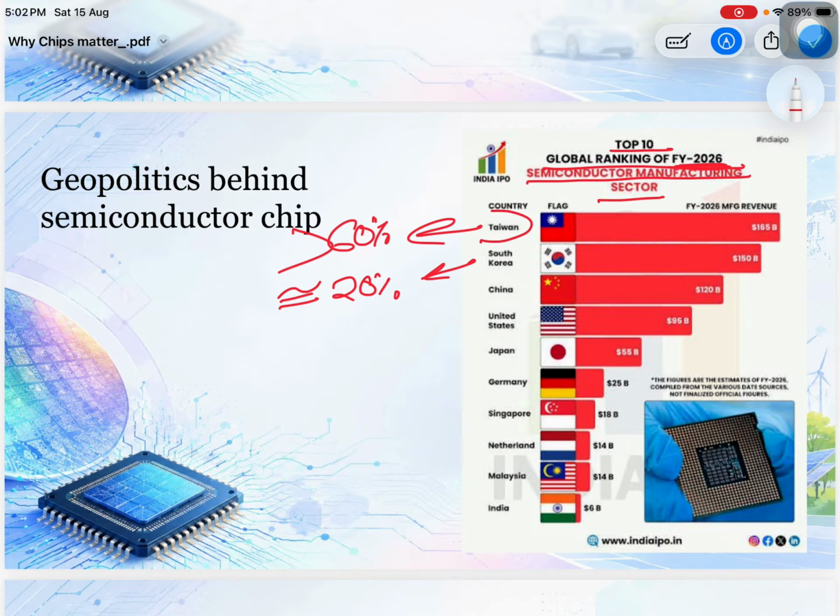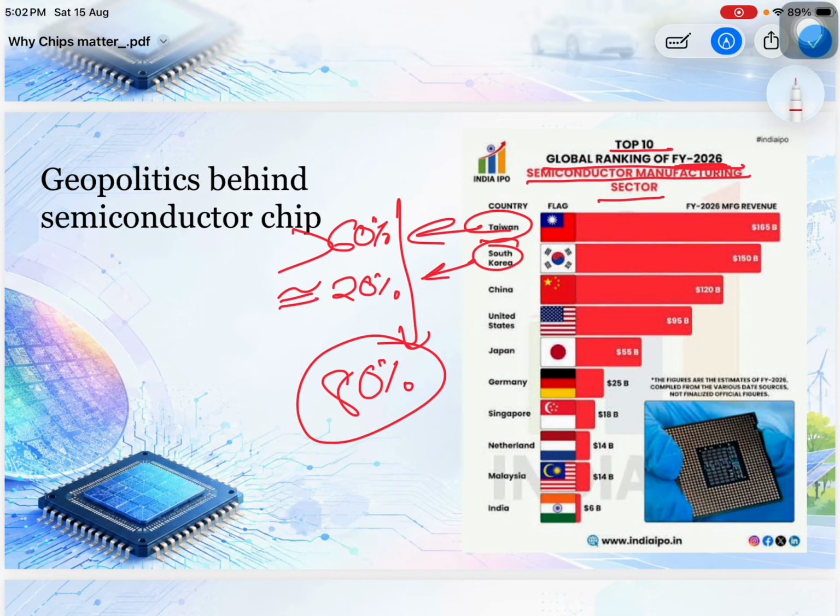So there are these two countries which are producing a good majority, 80% of the entire semiconductor chips of global demand.